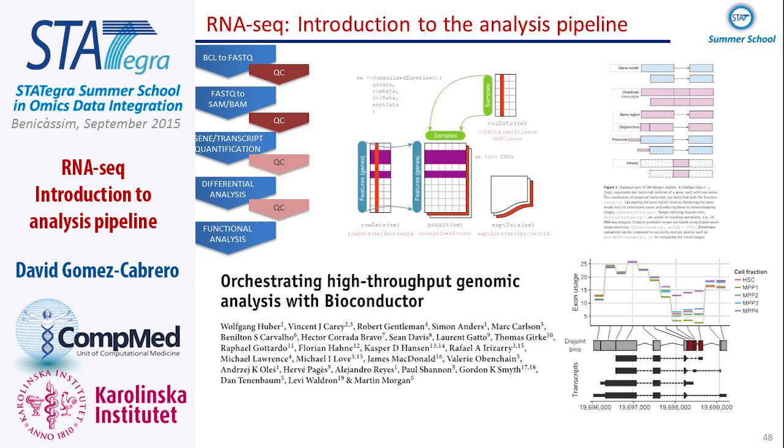This is the other one that I think is very important, Orchestrating High-Throughput Genomic Analysis with Bioconductor. This one has big names. Martin Morgan is the head of Bioconductor, and Wolfgang Huber is one of the big names within Europe for Bioconductor, and many of those people are really involved in the development. Irizarry, Hansen, Vincent Carey, gentlemen.